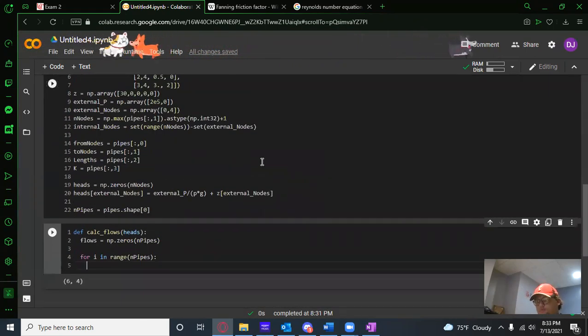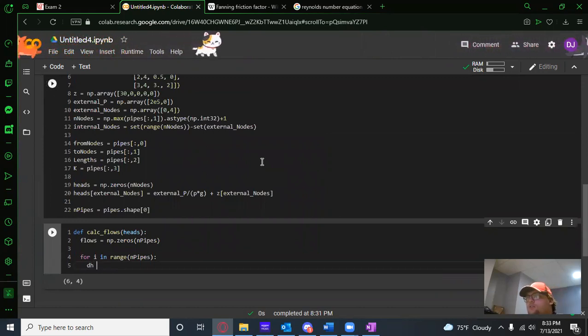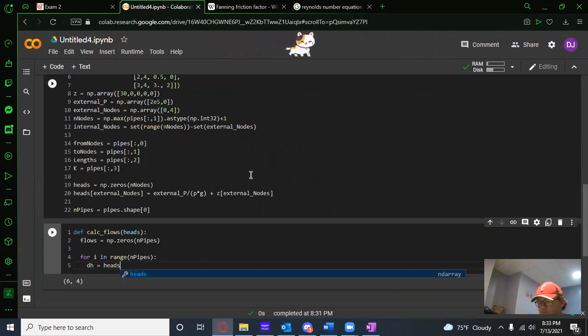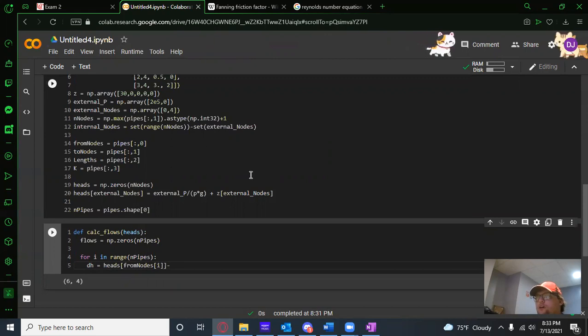So our DH is going to be our heads from nodes i subtracted by heads from nodes. This should be to nodes, because remember the D or the delta just means outlet minus inlet.